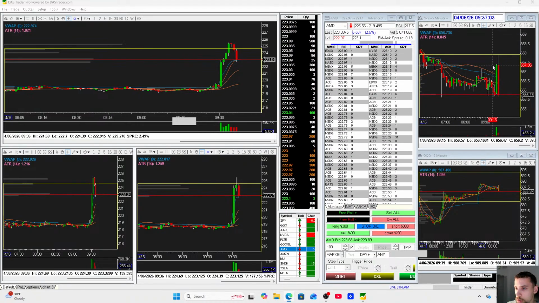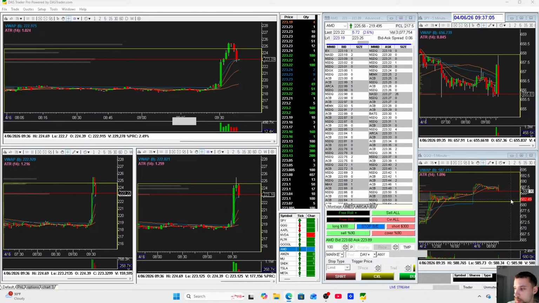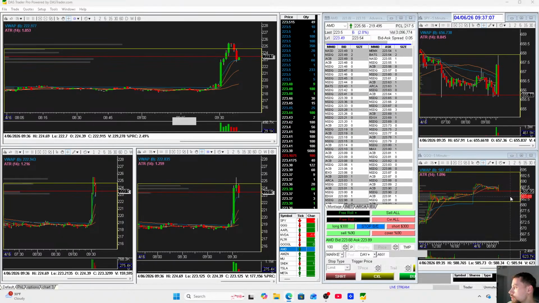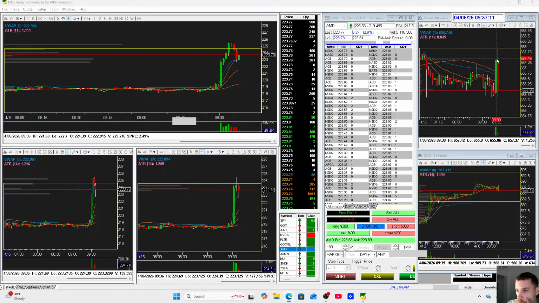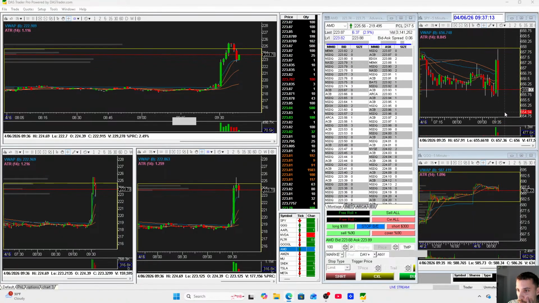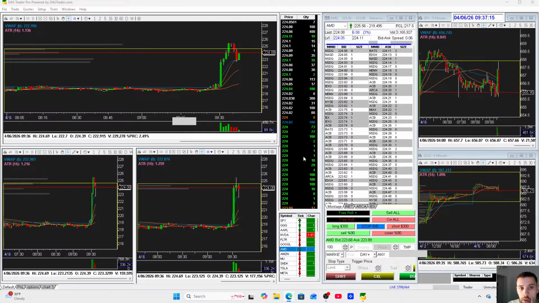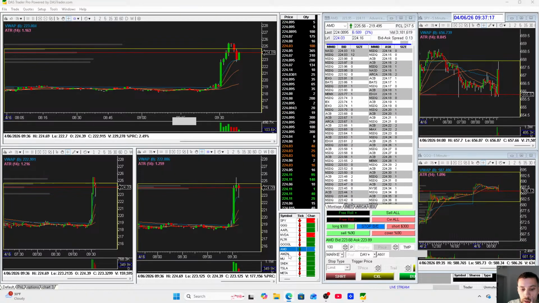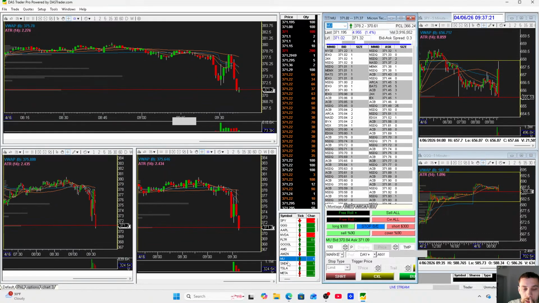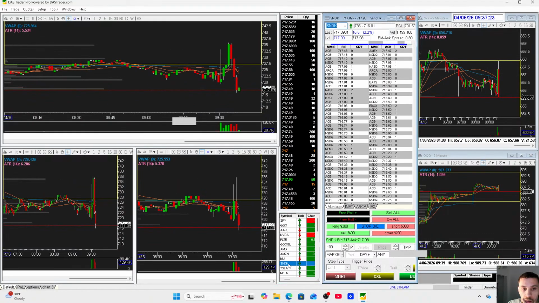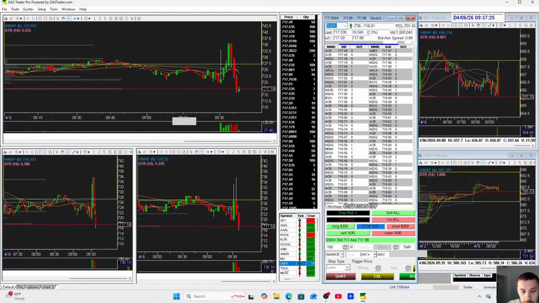Look at that, man. Look at that big red candle. It's really hard to trade those conditions, like a huge green 5-minute candle just to get engulfed by a big red one. It's really dangerous. Gotta have good risk management for stuff like that.